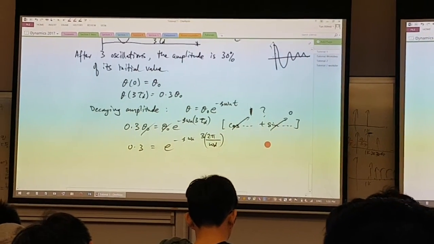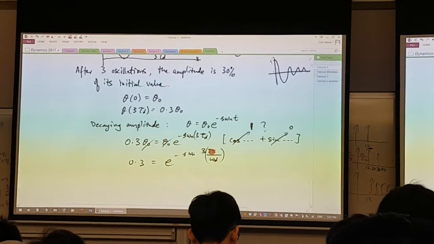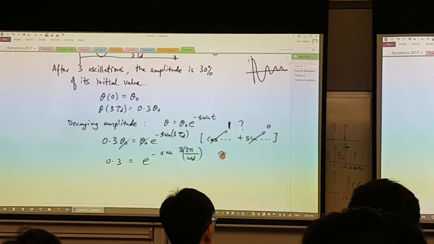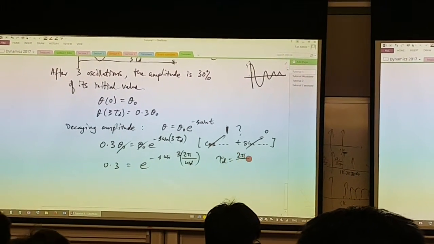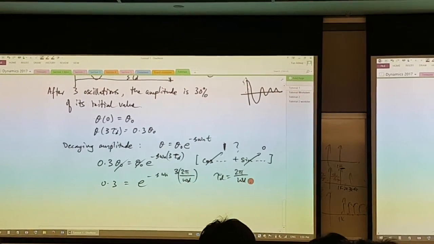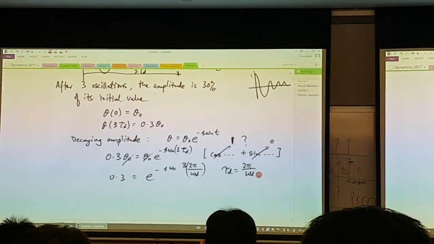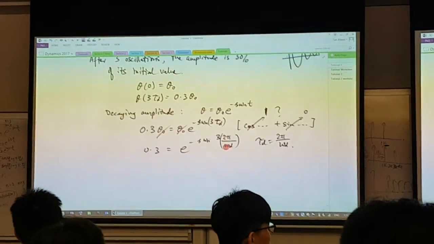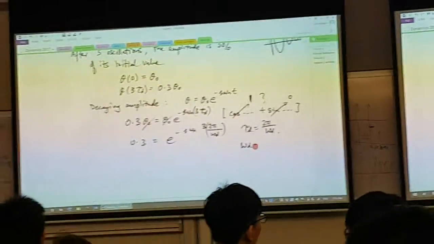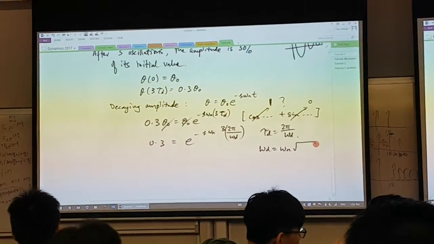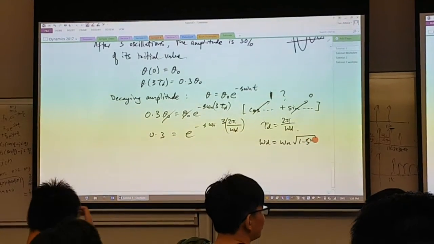So 3 tau d, where tau d is equal to 2 pi over omega d. So omega d is actually omega n square root 1 minus zeta squared.